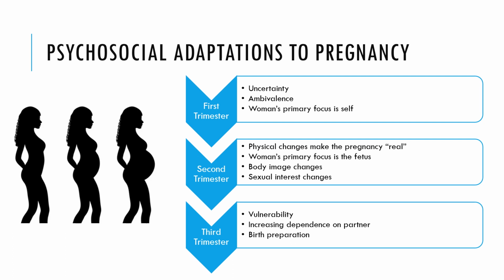And during the second trimester, that's usually where she starts to experience that uterine growth, so that the pregnancy starts to feel real, look real, and her focus will then turn to the fetus. So she's more concerned with fetal development and how her diet or how her activities may affect the fetal development.